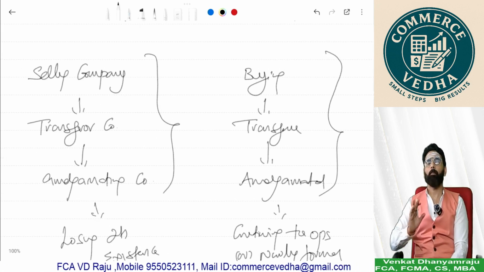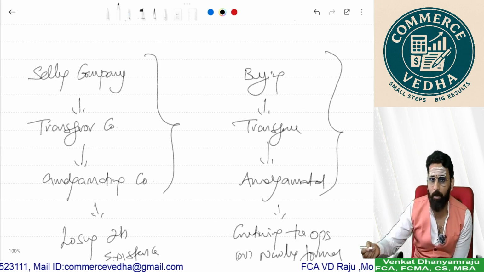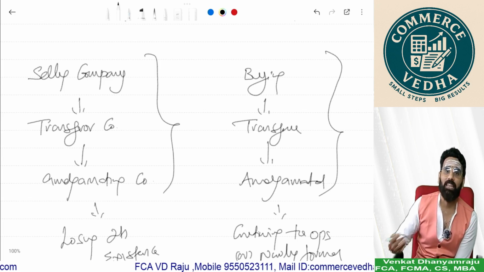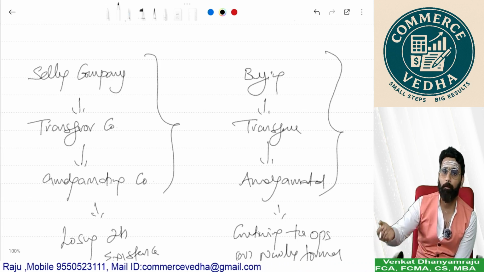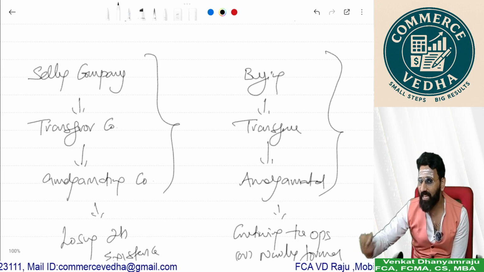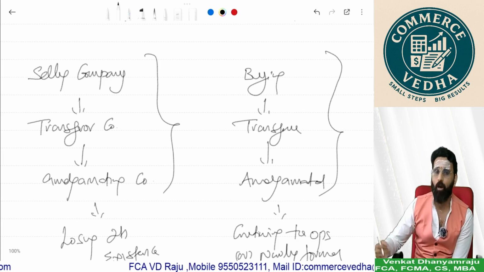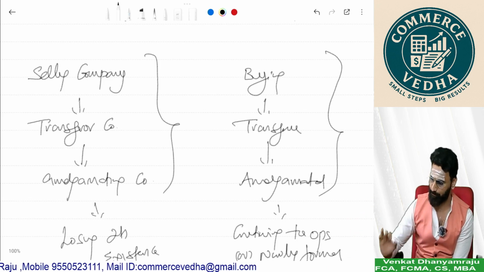So we have two different names given: amalgamating, amalgamated. Amalgamating company is nothing but the company which is selling, losing its existence. We call it a transferor company. Amalgamated company means here the buying company or transferee, or we can call it the company which is acquiring the business of another company.